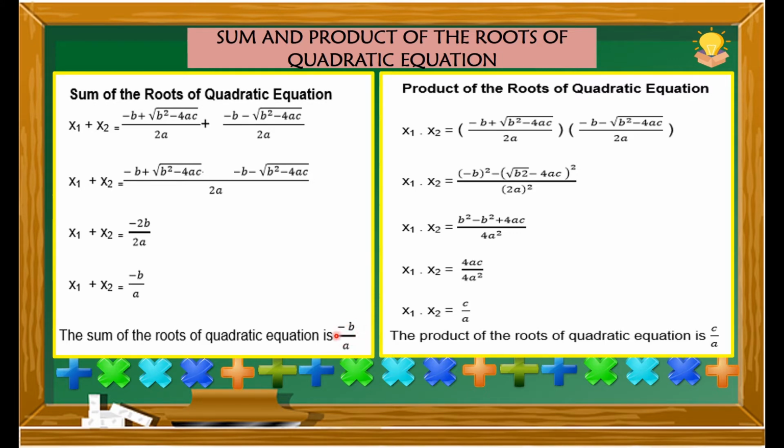There is an inverse ratio. The inverse ratio of your linear term, which is b, to its quadratic term. And the product, you have the coefficients from the constant. So it is the ratio of the constant term and the quadratic term. Okay, so let's now have the examples for this.